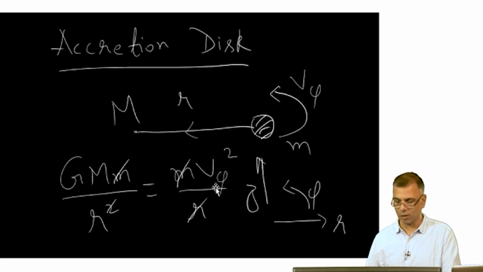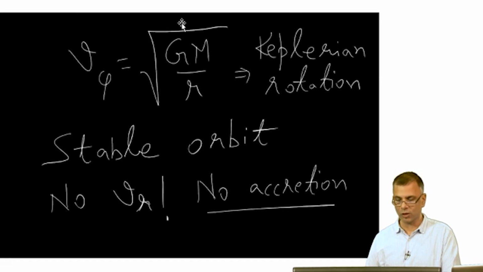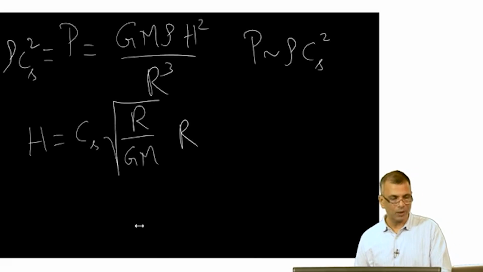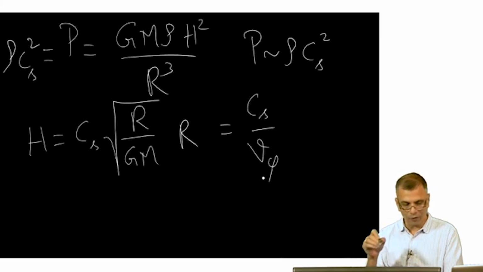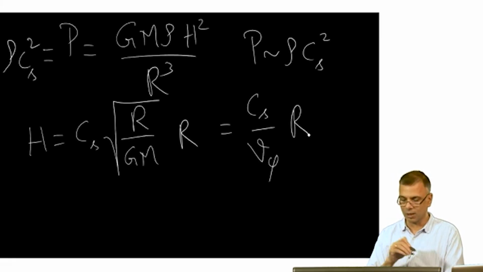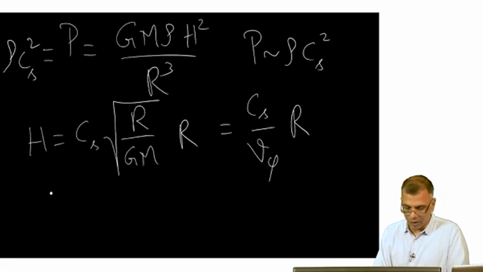We've seen v phi is equal to square root of GM over r. So using that here, what we find is that this is essentially equal to cs times v phi, where v phi is the Keplerian velocity, times r.